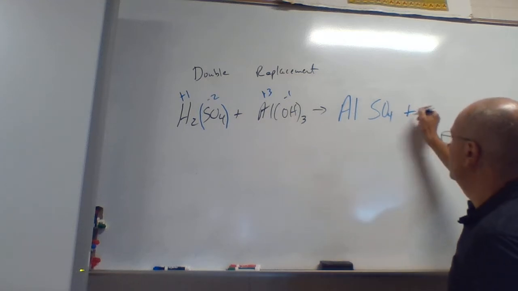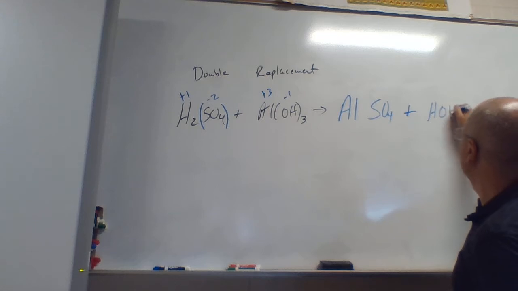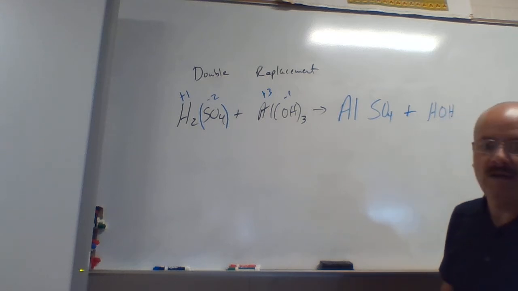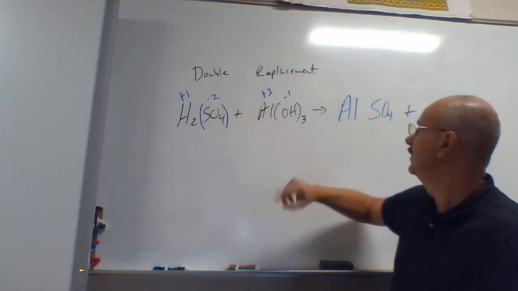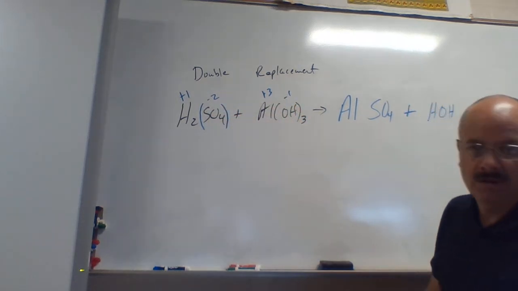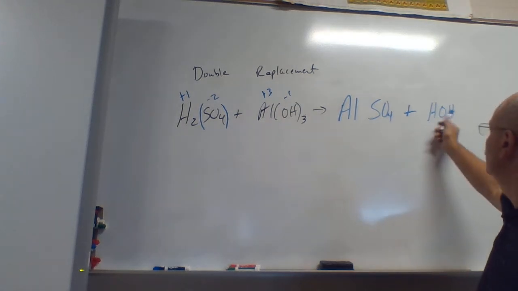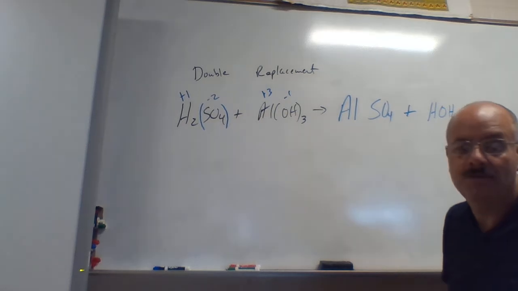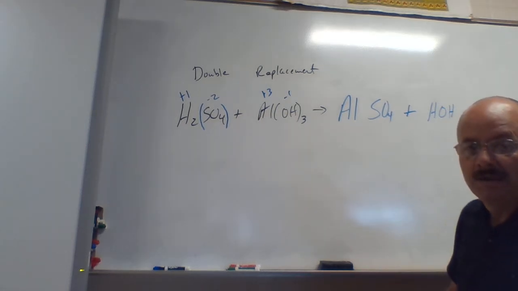And now we're going to join that to the H and the OH. So the H joins up with OH. And now notice I did not bring this 2 across because that 2 came from that negative 2. I didn't bring the 3 across because that came from the positive 3 of the aluminum. So I end up with HOH, which really, what is HOH? Well, that's actually 2 H's and 1 O. What's an H2O? Well, that's water. This is just another way of writing water, HOH.